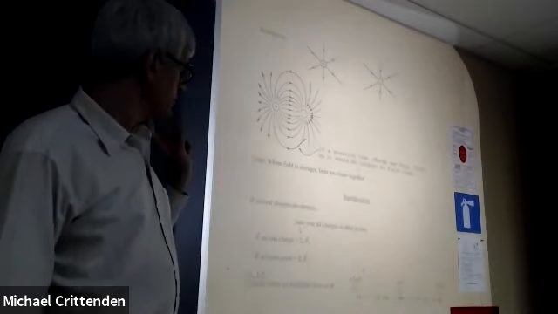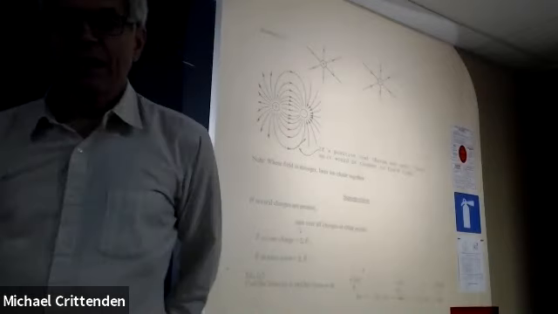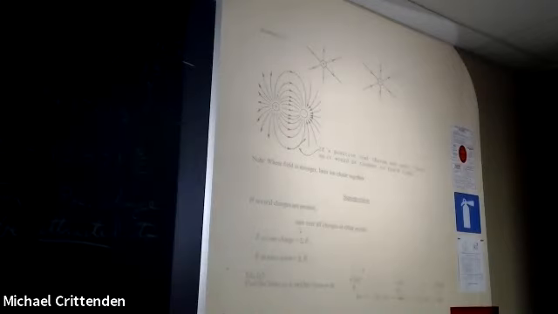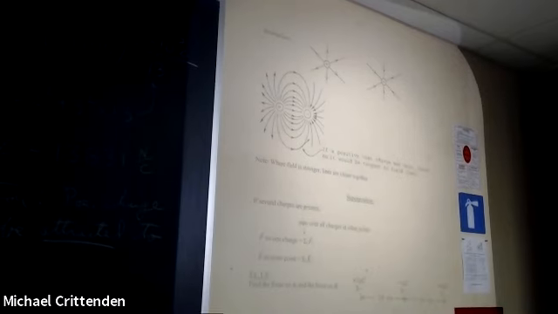But one other thing I should say first is that if you know what you're looking for with these pictures, you can not only see the direction of the field throughout the region that's being shown, but you can also get an idea of its relative strength, because where the field lines are closer together, the field is stronger.